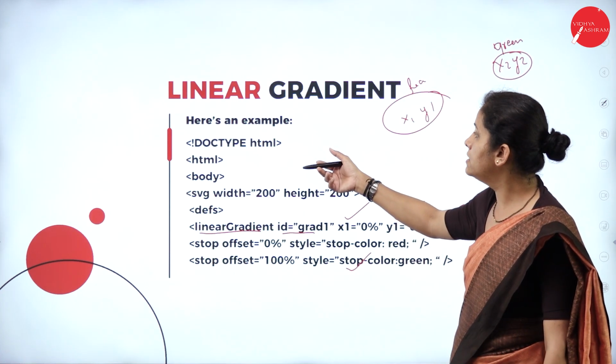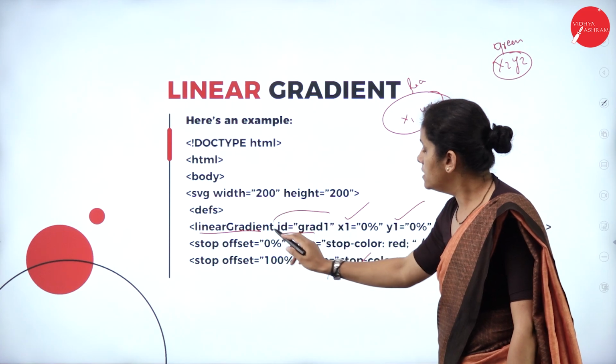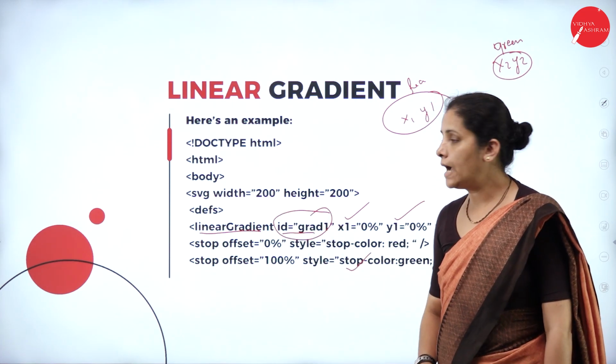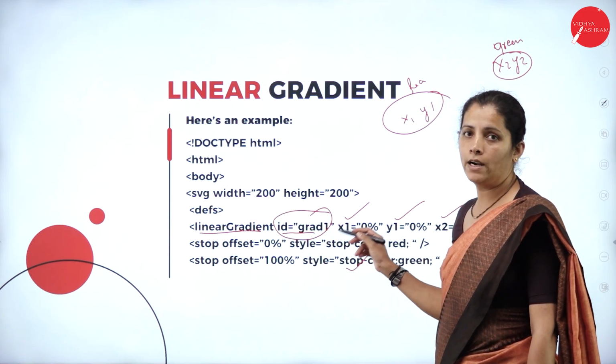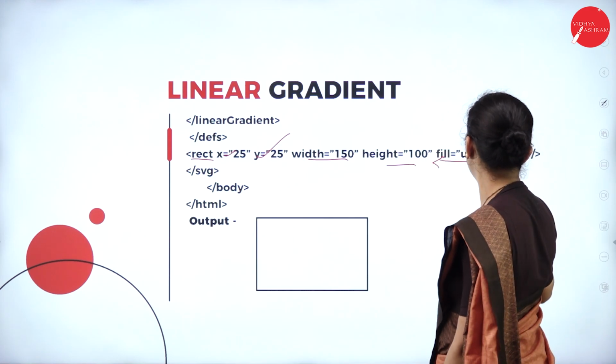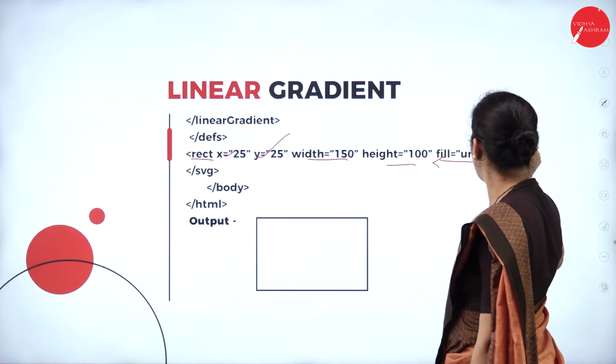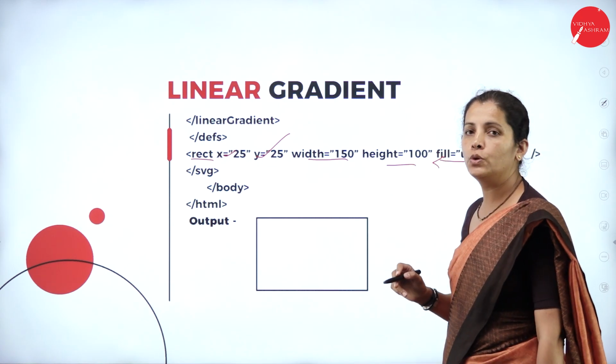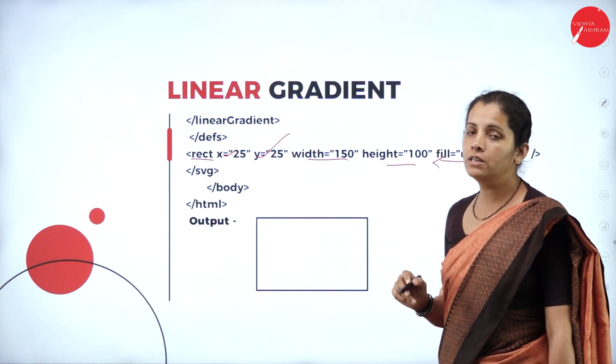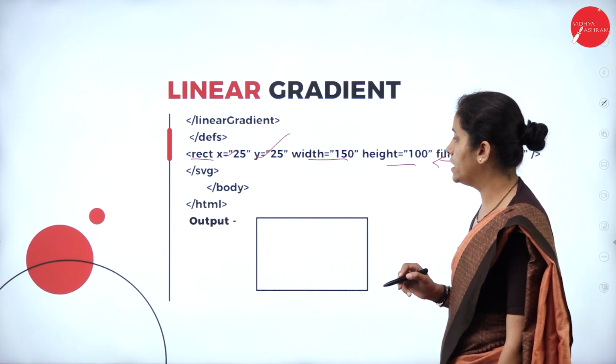If I consider this example, what is my gradient ID? That is nothing but grad1. How to represent it? By using a hashtag. I'm going to pass the value.